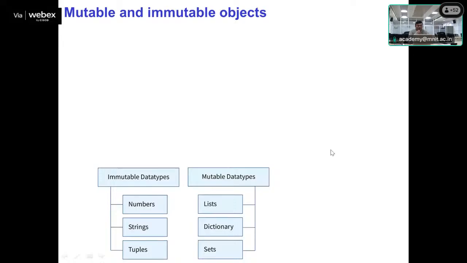As I told you, we have different types of data in Python, such as number, string, and tuple, or we have the list, dictionary, and set. These data types are classified into two different categories. One is mutable type of data, the other is immutable data type.